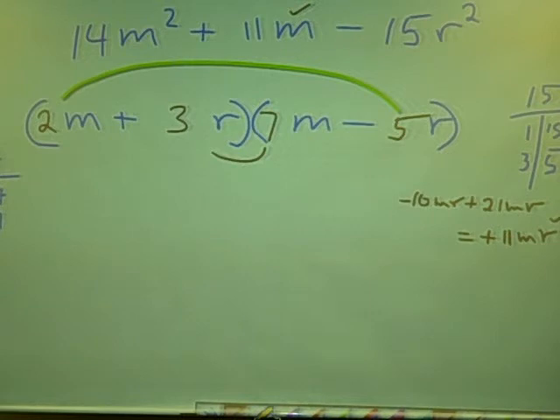Is there supposed to be an R beside the 11? You know what, that should be 11mr there. It has it in there, I just missed it. Sorry about that. So it works.